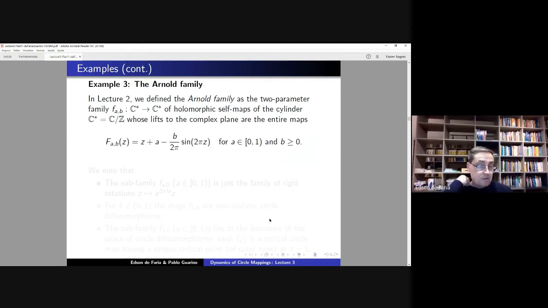These are entire maps that can be quotiented down to the cylinder C star, which is just C mod Z. And what you get is a self-map of C star, which induces a homeomorphism of a circle. In fact, a diffeomorphism if b is less than 1, and a critical circle map if b is equal to 1.